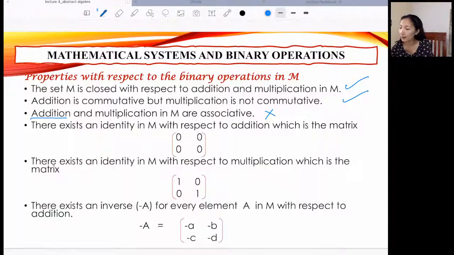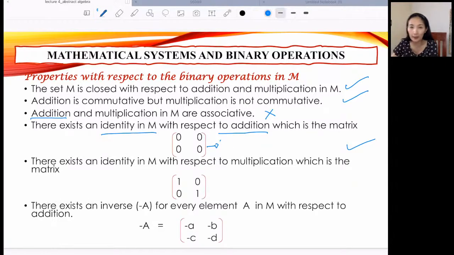There exists an identity element in M with respect to addition, and this is the identity element with respect to addition.